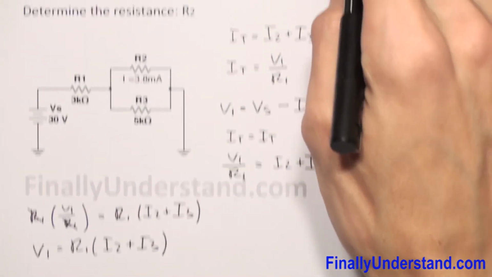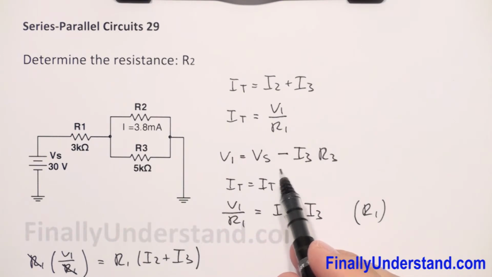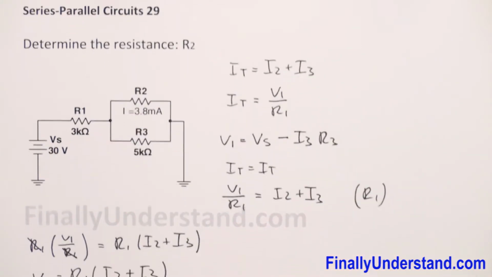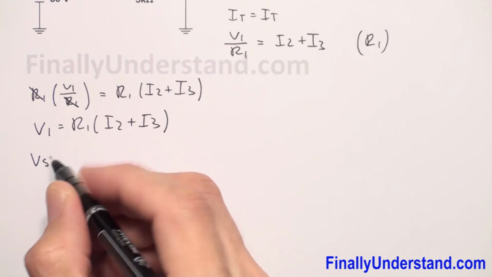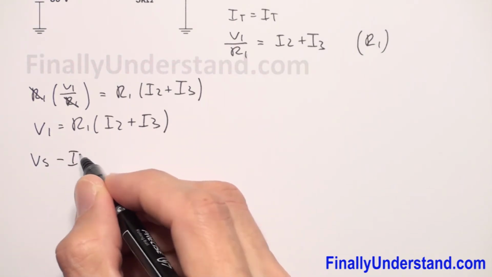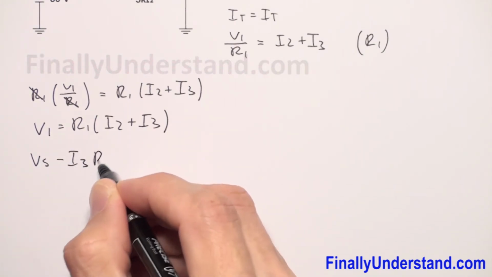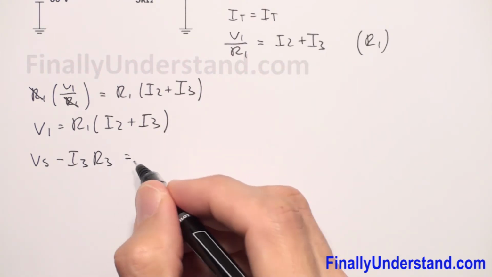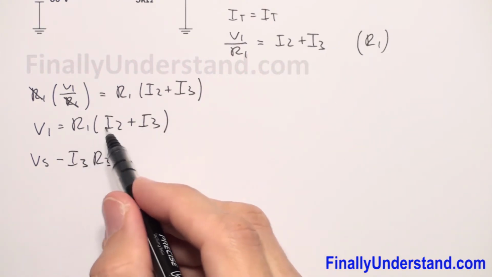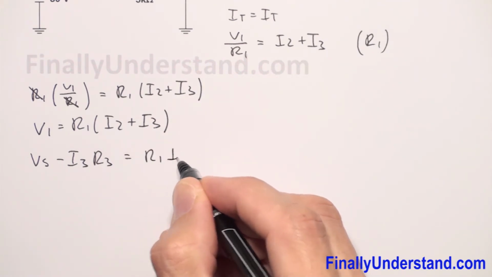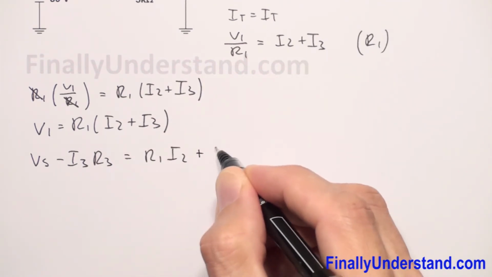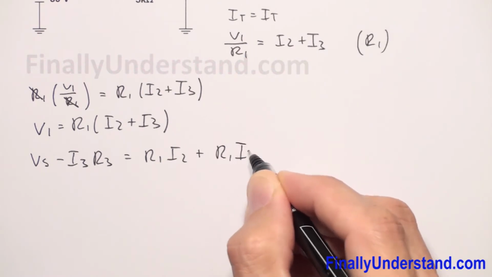We said that V1 is equal to this. So I'm going to substitute V1 by voltage source minus I3 R3, and this is equal to, distributing R1 into the parentheses, R1 I2 plus R1 I3.